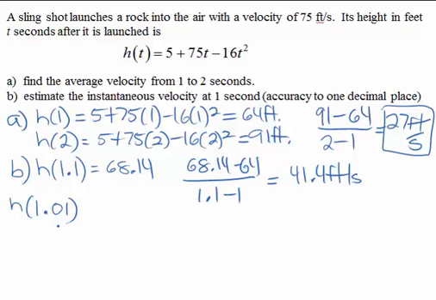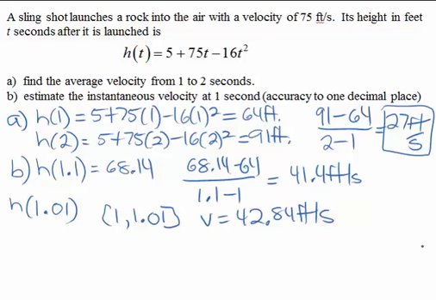I just need to know the distance traveled, so I'm going to subtract 64 from that, and then divide by the difference in times, which is 0.01. On this interval from 1 to 1.01, I get an average velocity of 42.84 feet per second.